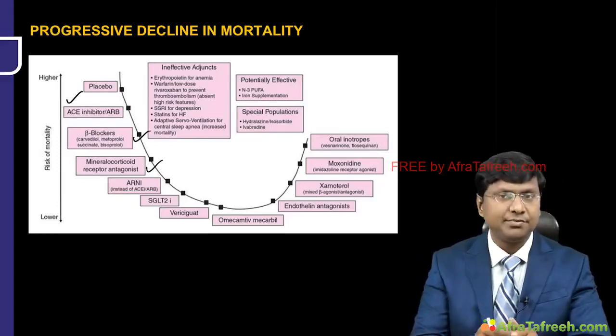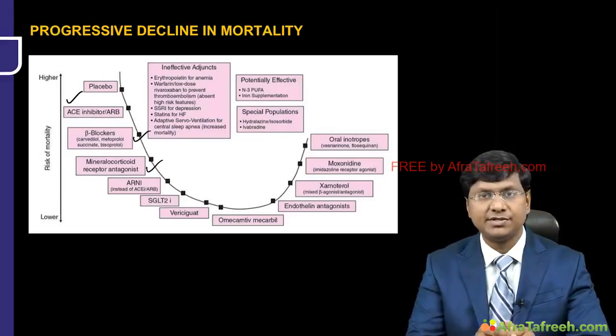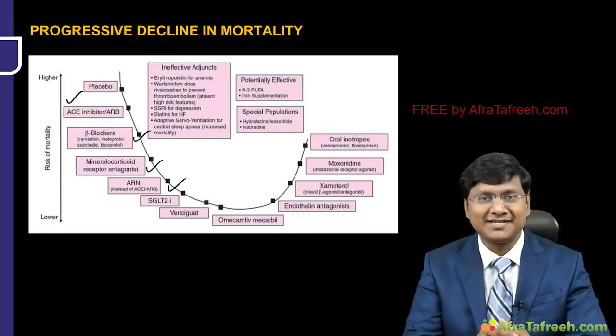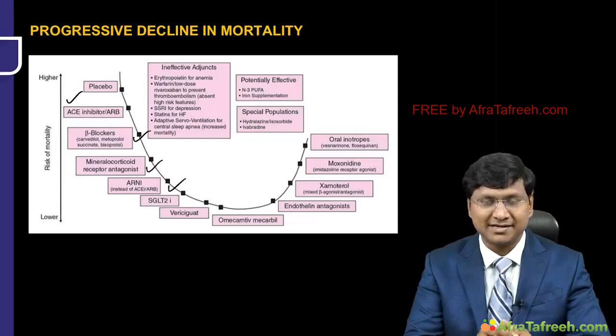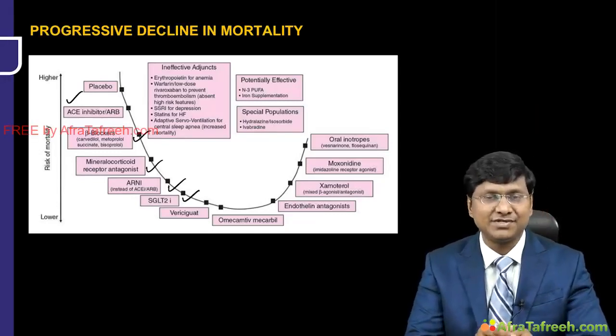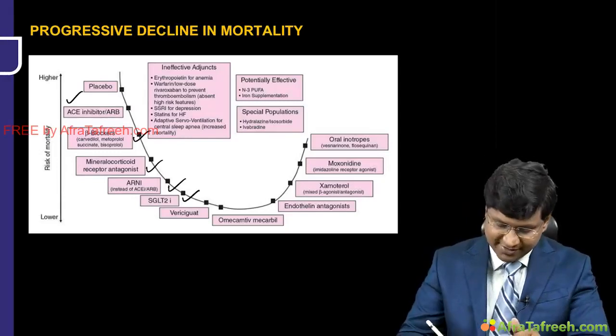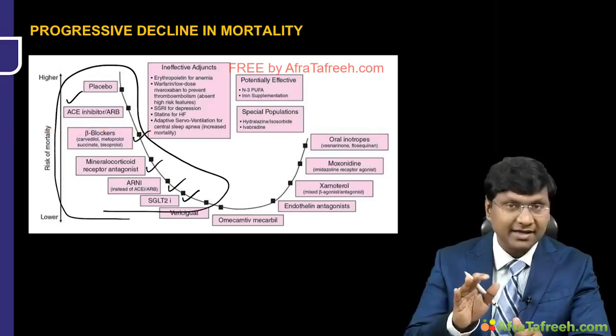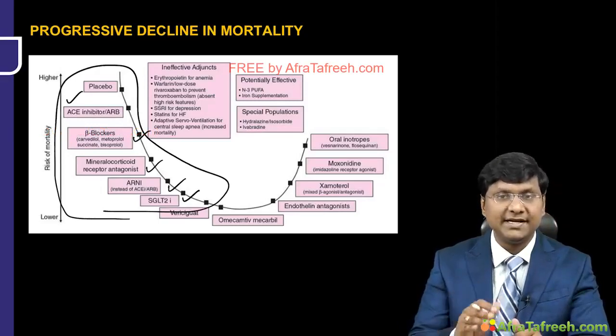Then another important form of neurohormonal antagonist is the beta blockers. Then we have angiotensin receptor blocker neprilysin inhibitors, that is valsartan plus sacubitril, and SGLT2 inhibitors, that is empagliflozin as well as canagliflozin.